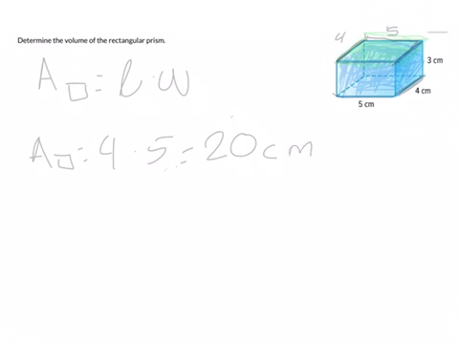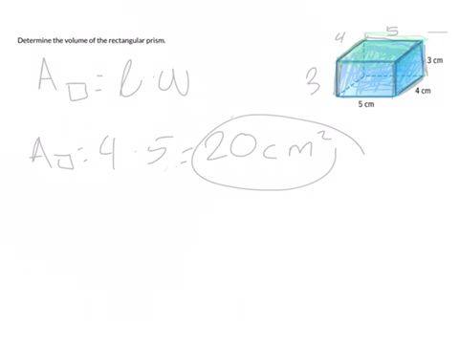centimeters squared. But now, if I want to find the volume, I'm also going to have to involve the height. In this case, the height would be this right here. That is going to be 3, because this side is 3. So all I need to do now is multiply the area of this rectangle times 3.